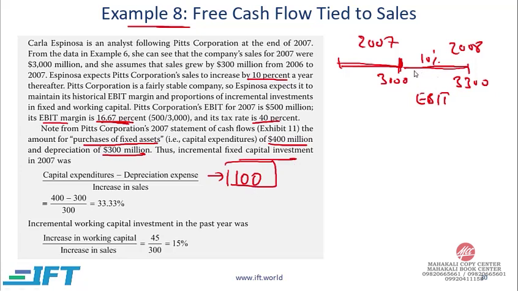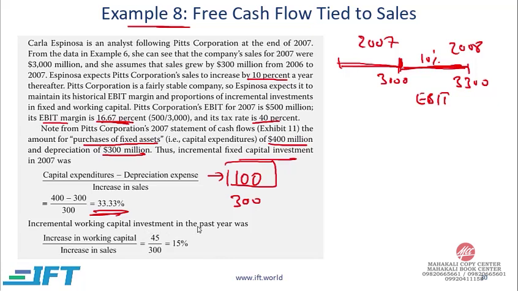So note that sales went up by 300. So what we are saying is that if sales go up by 300, then our working capital is increasing by 100. In other words, this 33.33% is saying that for every dollar of additional sales, the investment in fixed capital is 0.33.